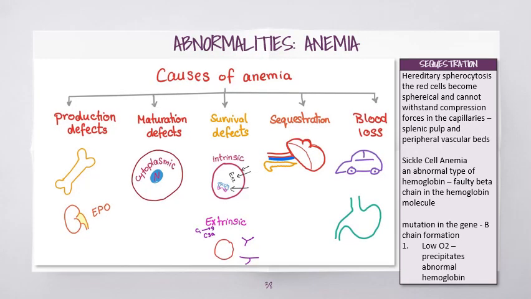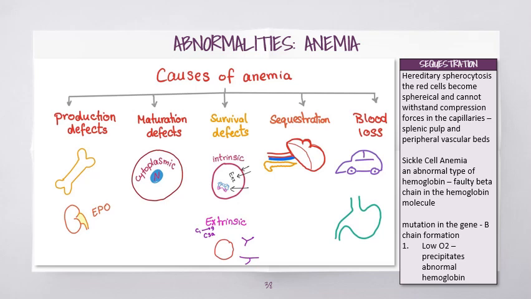So survival and sequestration is actually an increase in the destruction of the RBC by the spleen. It is also caused by a disruption, one good example is the RBC's cell membrane is disrupted. So it is almost similar to the survival defects.